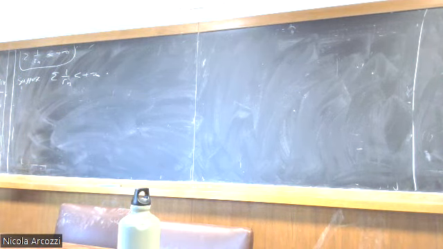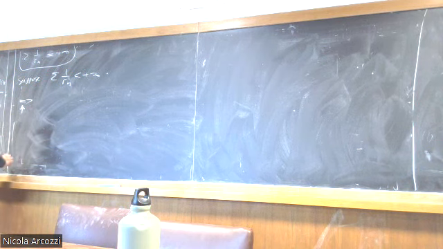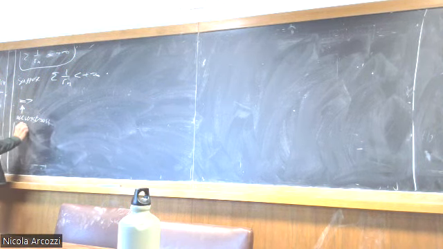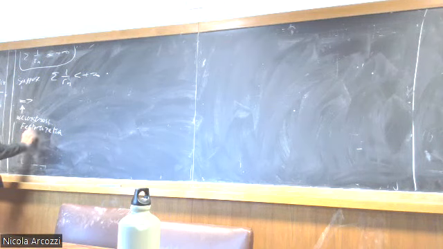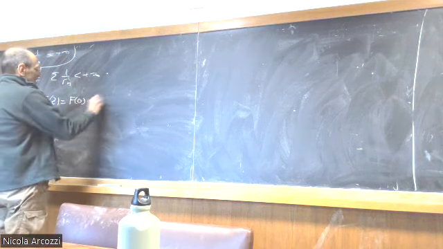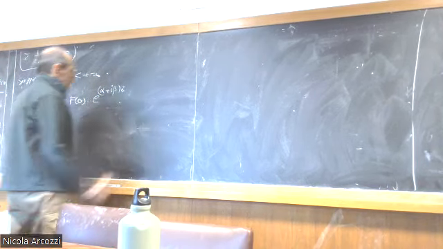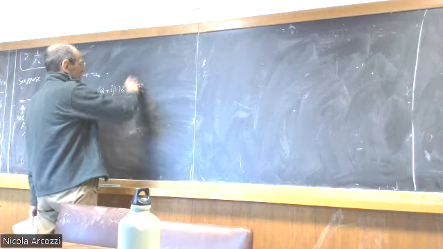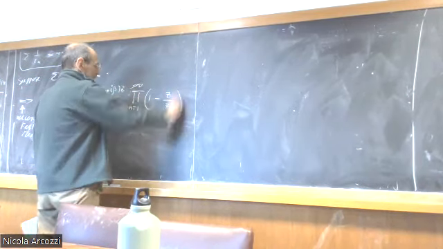Then we have the Hadamard factorization. Hadamard factorization reduces to the fact that f of z is equal to f of 0 times some exponential, some complex number times z, times the product for n from 1 to infinity of 1 minus z over r_n.